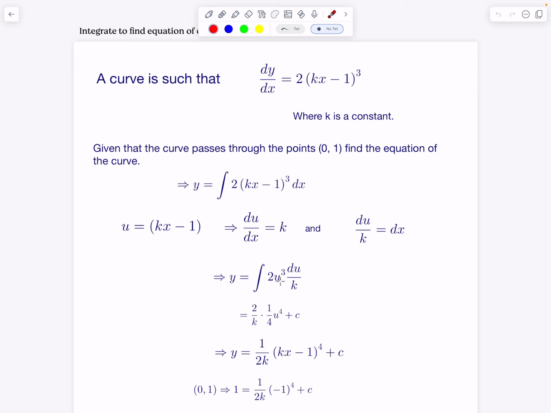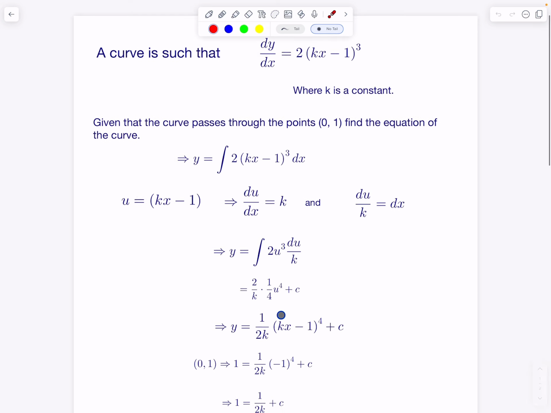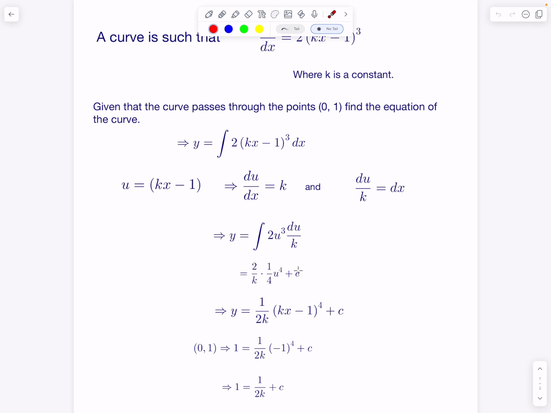Integrating u cubed is a quarter u to the 4th, and you've got a constant. So the 2 cancels with the 4, and you get 1 over 2k times u to the power of 4. But you know that u is kx - 1, so you've got (kx - 1) to the power of 4. So your y is equal to this expression here.